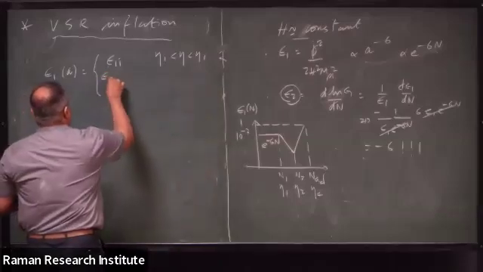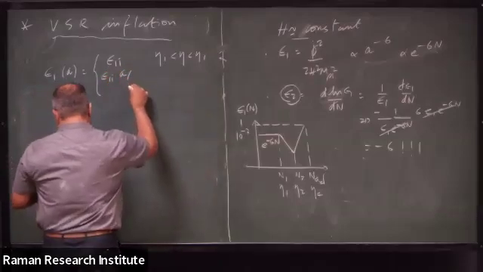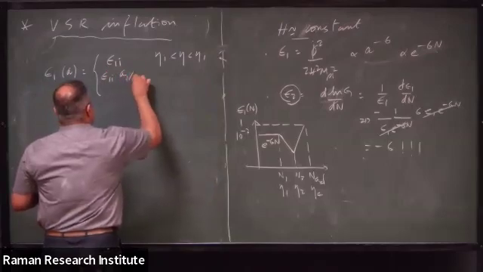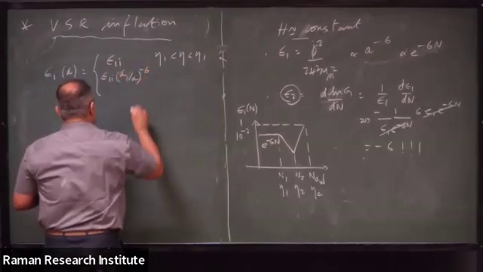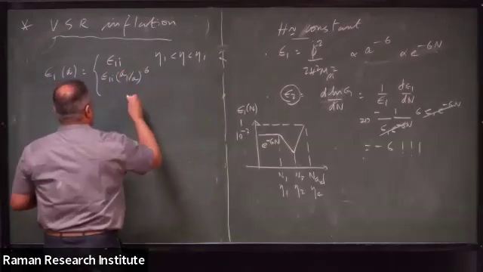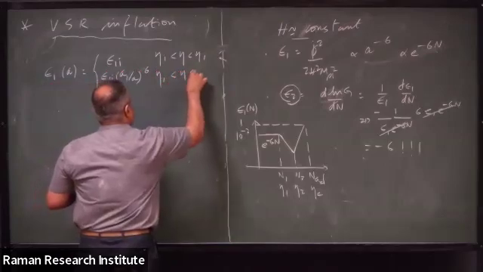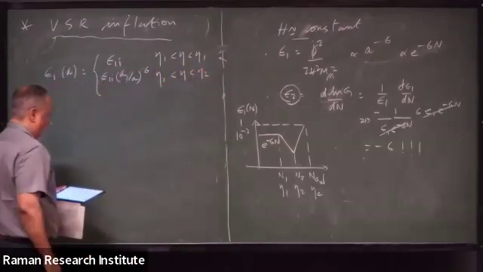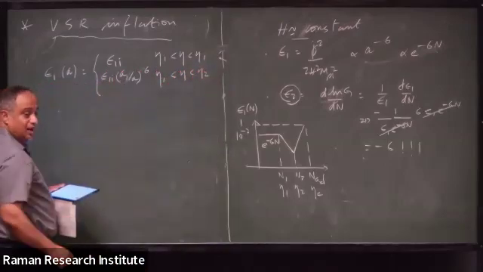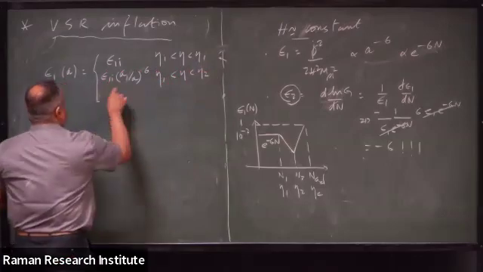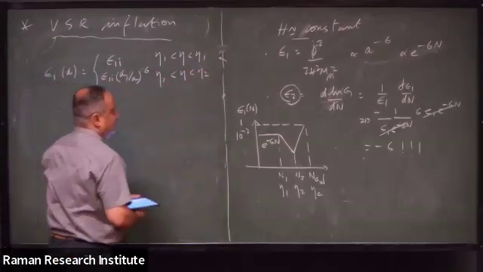And then it falls, epsilon1 A times A by A1 to the power minus 6. No, it's plus 6. One falls. So this happens between eta 1 and eta 2. And then I had to make it grow. It falls like minus 6.